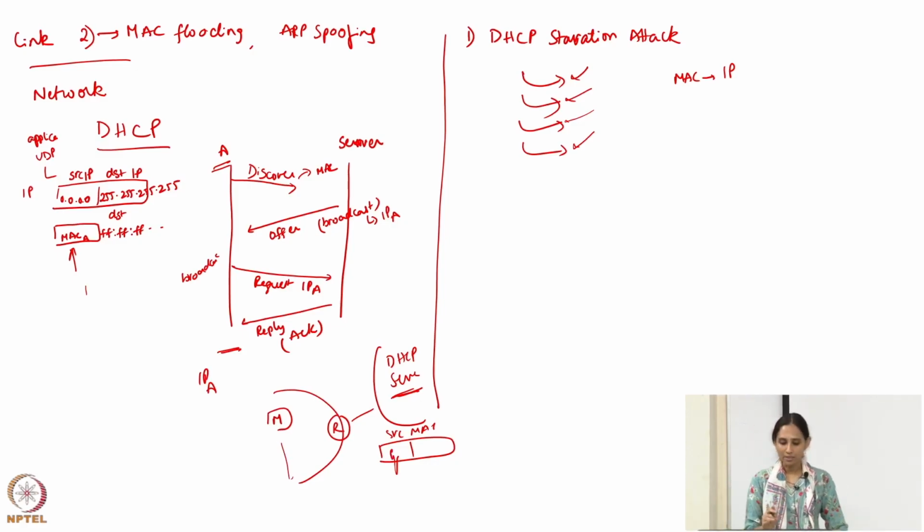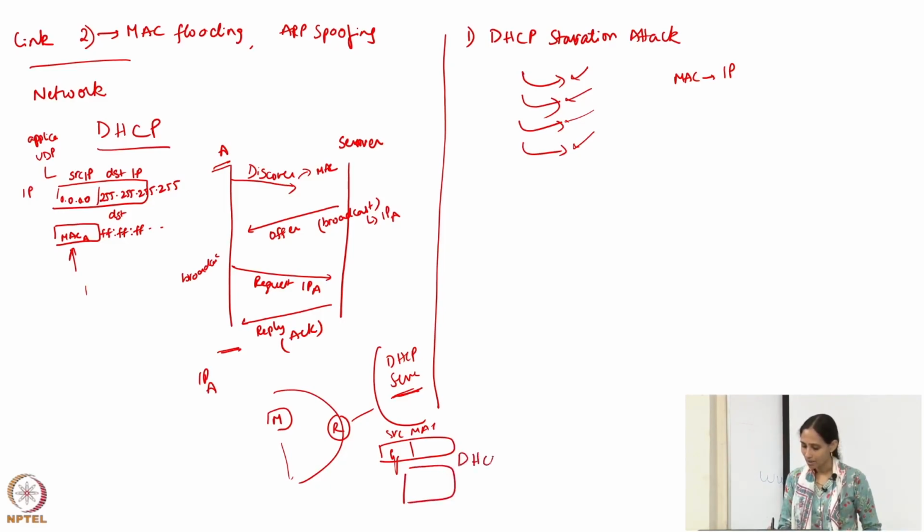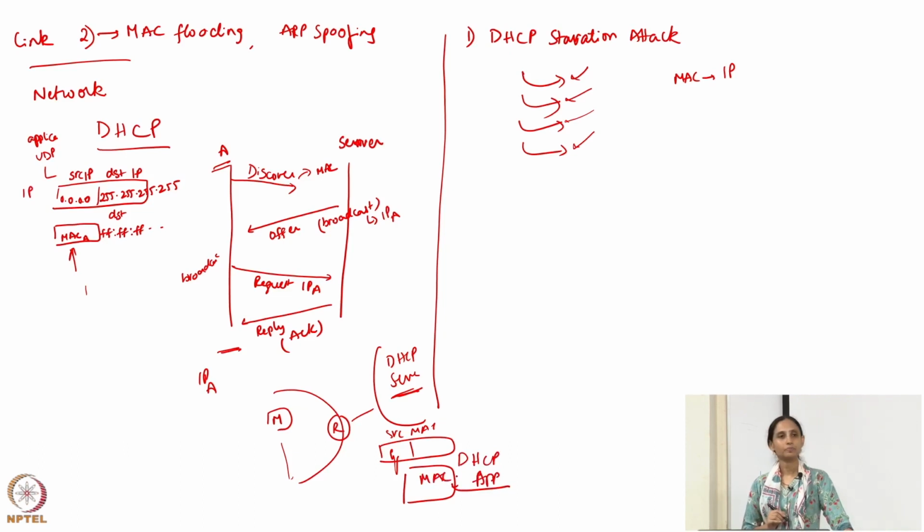Because of this reason, inside the payload, the DHCP packet, which is the application level payload, you have to specify what the MAC address is. In this situation, the DHCP server needs to maintain such a mapping, and the MAC address is no longer preserved as part of the link layer header.